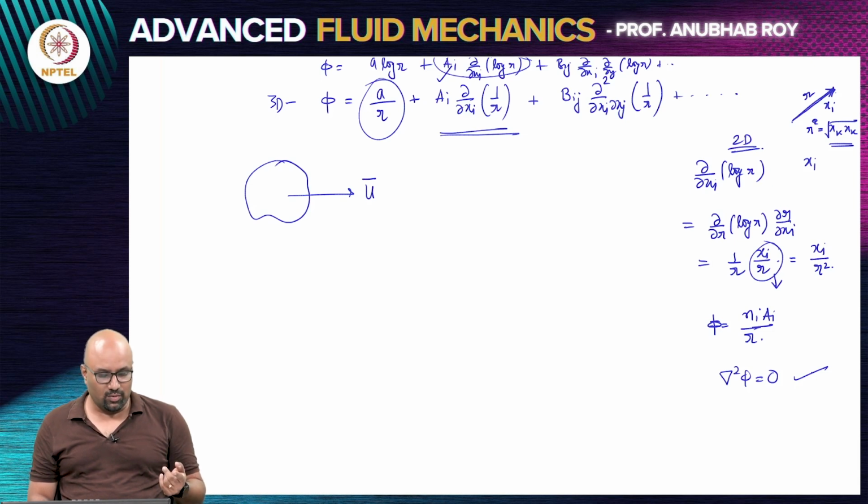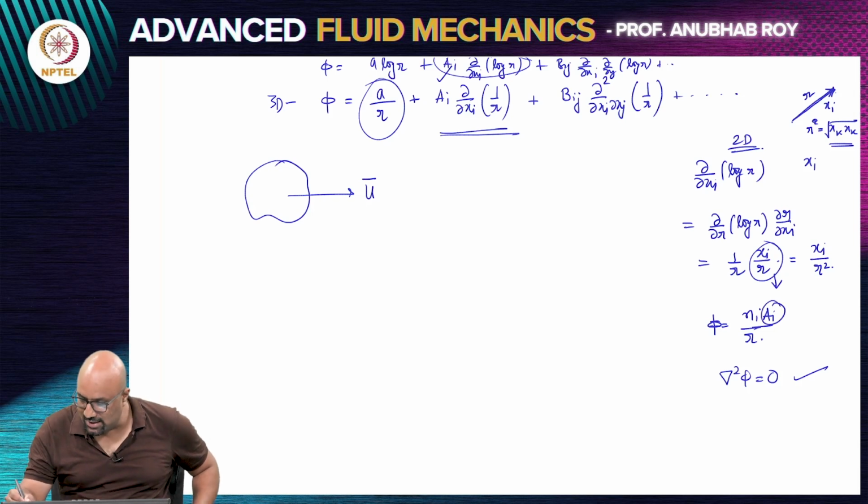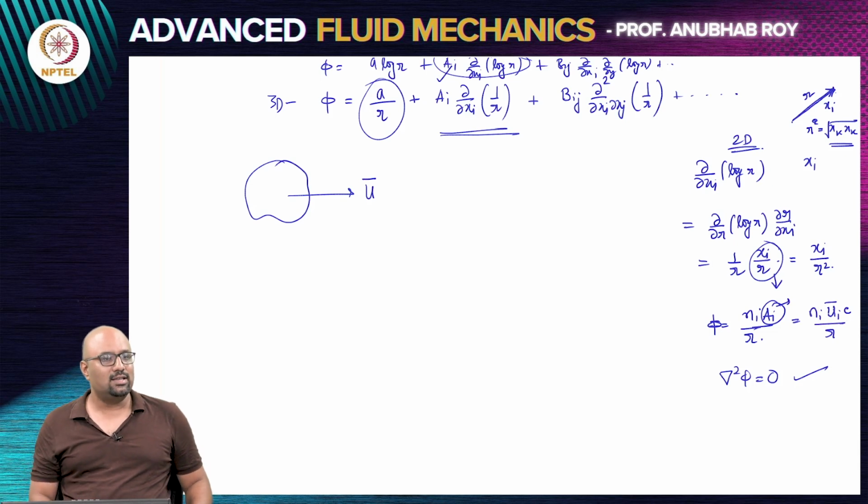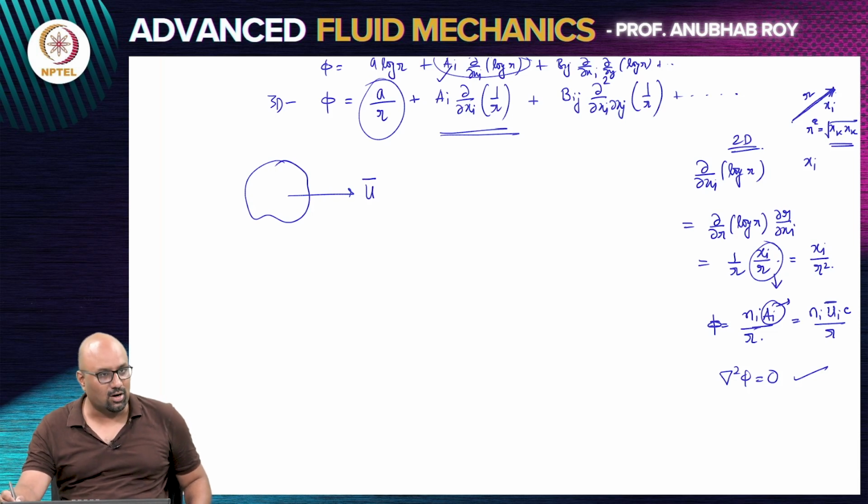We computed what was the potential for a cylinder that was moving with velocity u bar. If the cylinder now moves with a velocity 2 u bar, the potential will be twice that value, the velocity will be twice that value. So, what that says is that this Ai should be Ui Ni C by R. It should be proportional to its velocity, that constant.